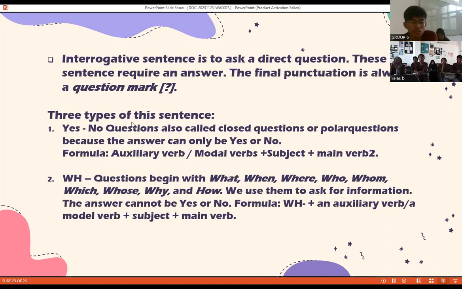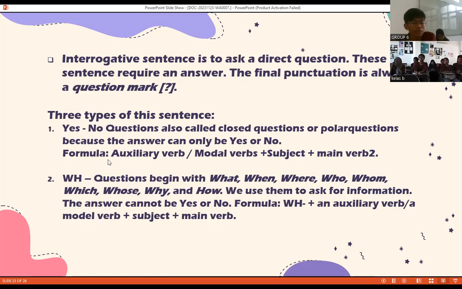First is yes-no questions, also known as closed questions or polar questions, because the answer can only be yes or no. For the formula, you can see at the slide there. First, auxiliary verbs or modal verbs, and then subject plus main verb, verb 2.